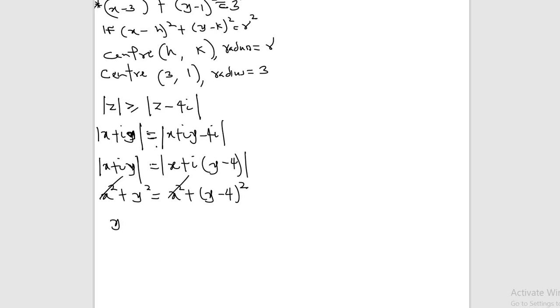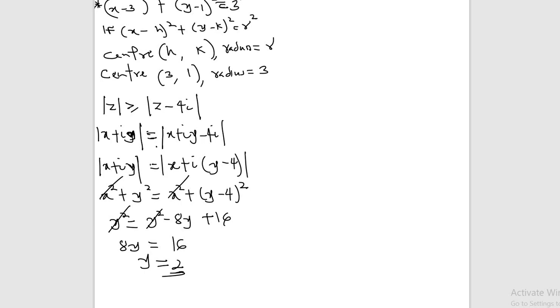What do you have here? y squared. When you expand y minus 4 all squared, it gives y squared minus 8y plus 16. When we arrange, this cancels this. So 8y is equal to 16. So what is our y? Our y is equal to 2.